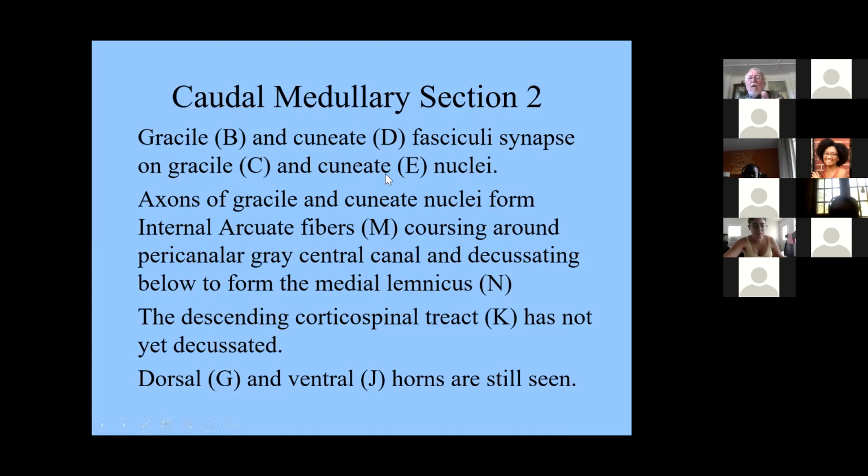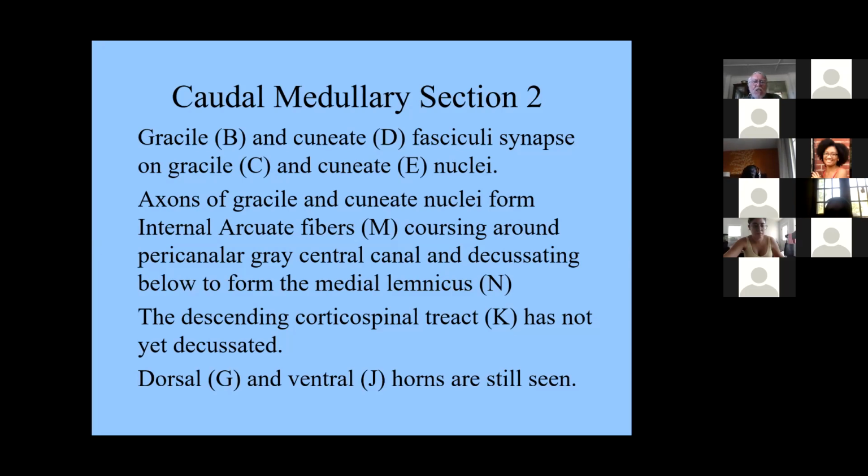Then, now that we see the gracile and cuneate nuclei, we know that they give rise to an enormous number of fibers that are first going to form the internal arcuate system and then eventually form the medial lemniscus on their way all the way up to the ventral posterolateral nucleus of thalamus.